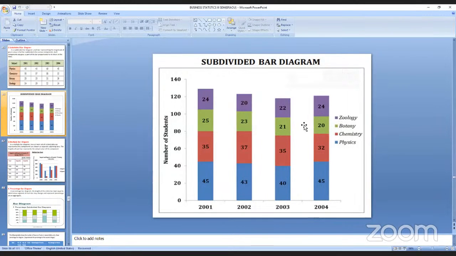See, zoology is representing this. By seeing it, it can be understood clearly at a glance that zoology's value is this much, botany's value is this much, chemistry is this one. Means by the colors or the description. When you are making the lines, zoology should have the same representation throughout.